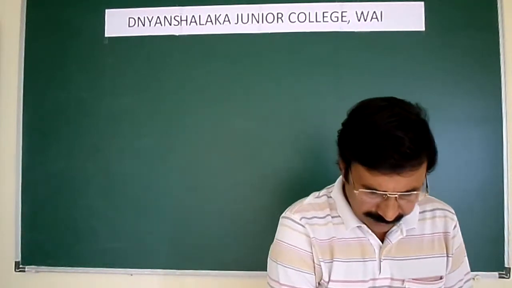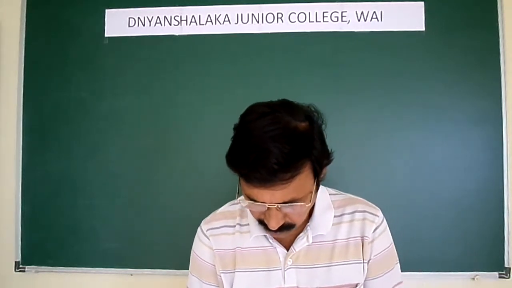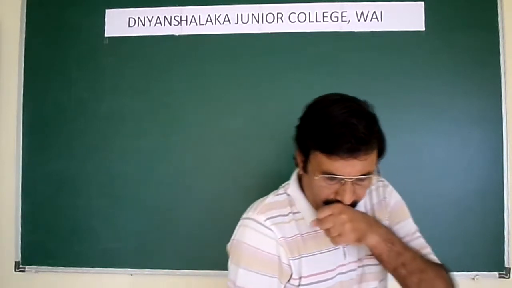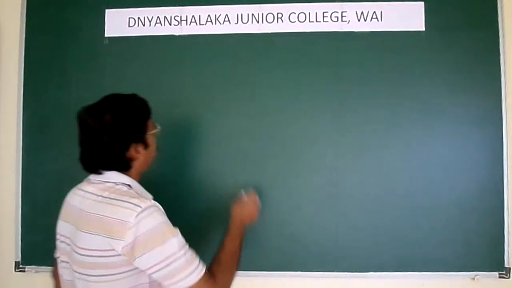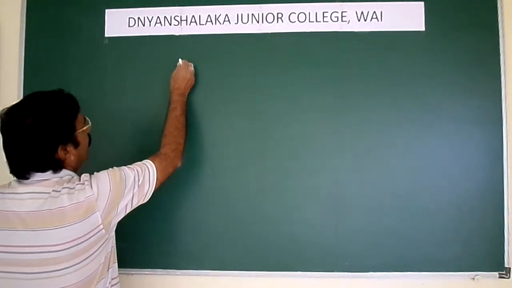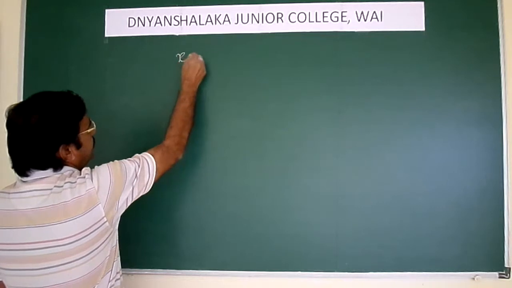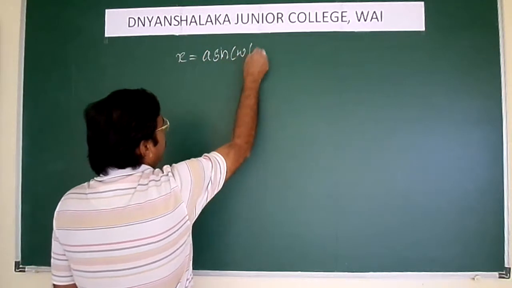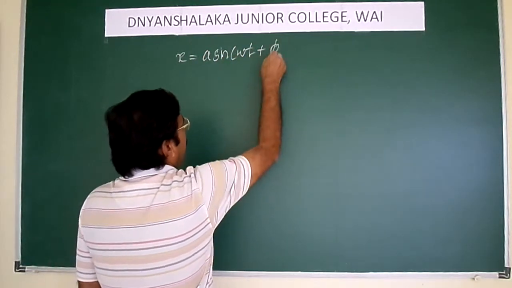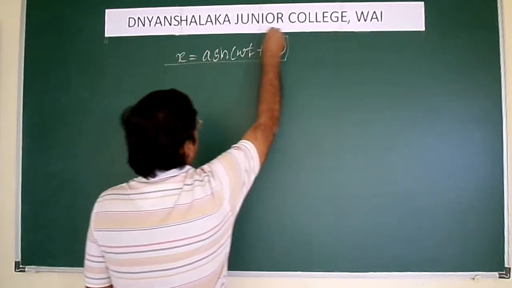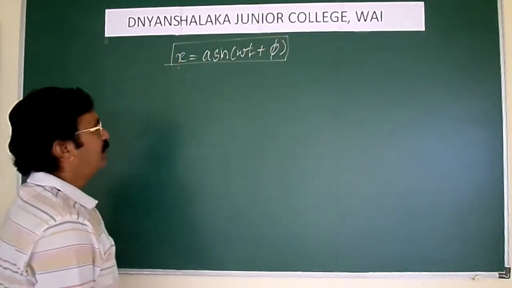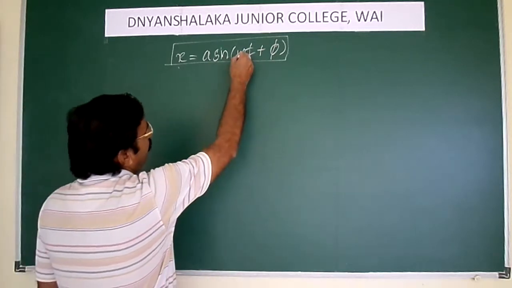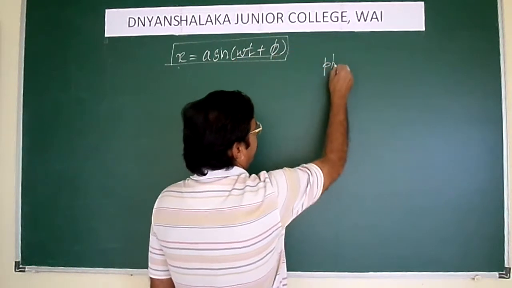So when we are considering x is equal to a sine of omega t plus phi or alpha, whatever we will take the denotation, as the displacement of the particle performing simple harmonic motion. Omega t plus phi is the phase of SHM.